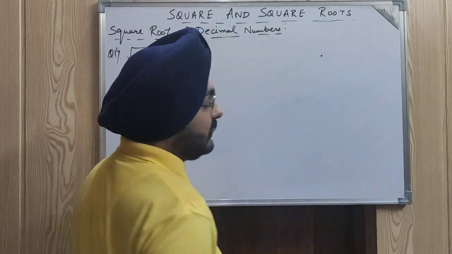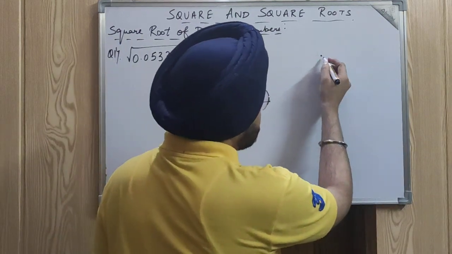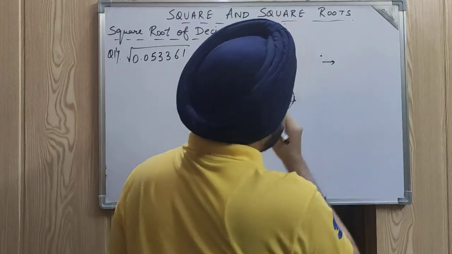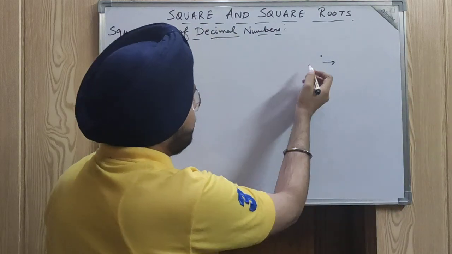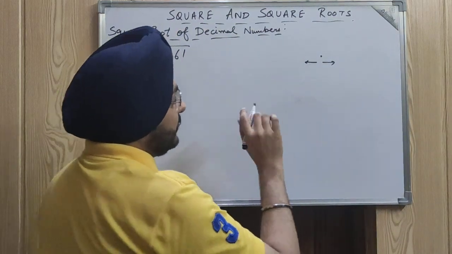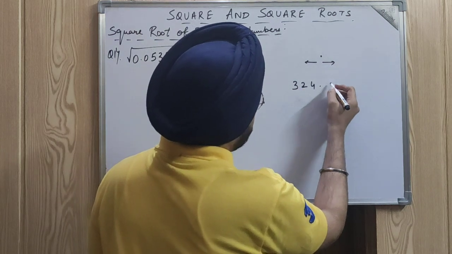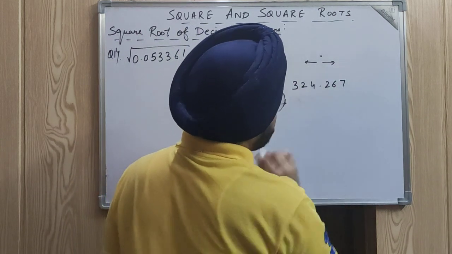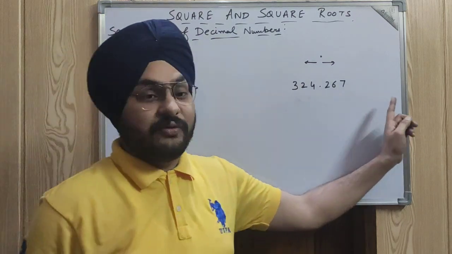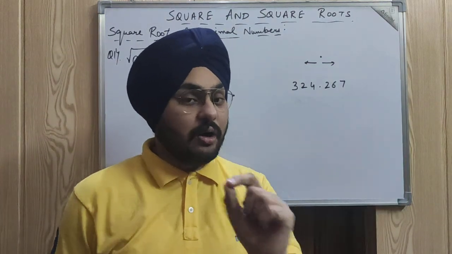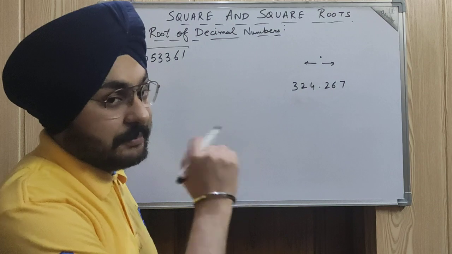If we are having a decimal, the pairs to the right side will be made from that side, and to the left from here. Suppose I have written a number 3424.267, and we have to find the square root of this number. So how to make the pairs first?